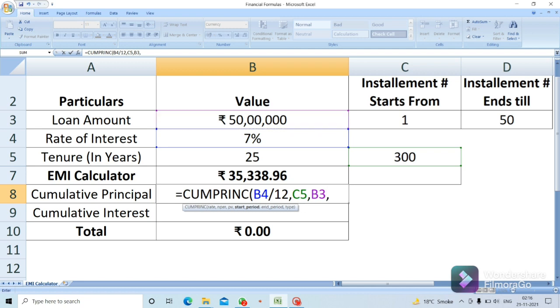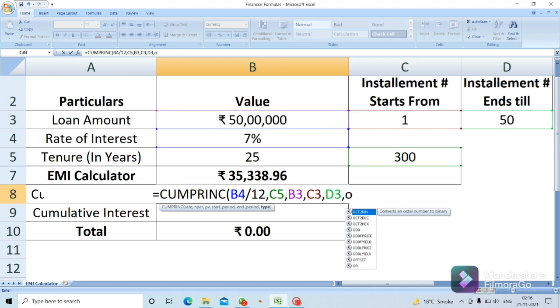Then the starting period, which is 1, given in cell C3, and the ending period, which is the 50th, given in cell D3. Then we input 0 and close the parenthesis.